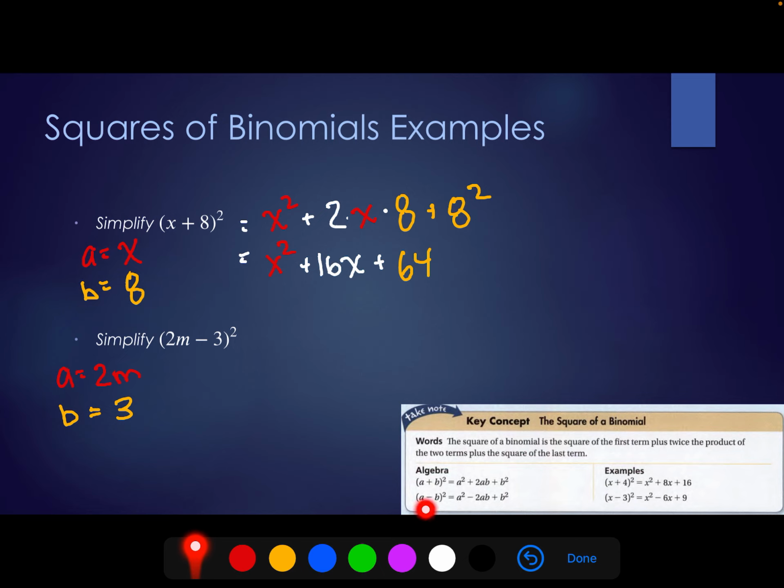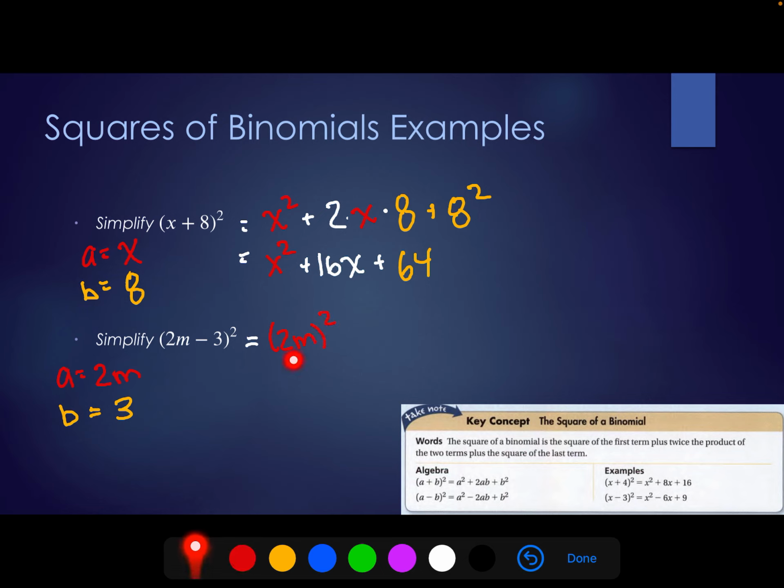Now all we have to do is apply this rule, right? A minus b squared is a squared minus 2 times a times b plus b squared. So let's go ahead and do that. So this is equal to a squared, right? So we said our a is 2m. So we're going to have to write 2m squared, right?